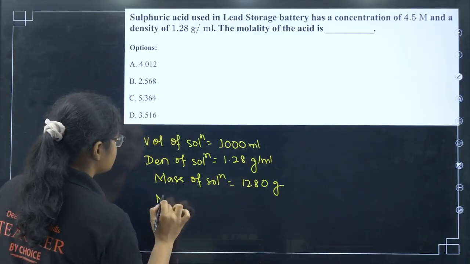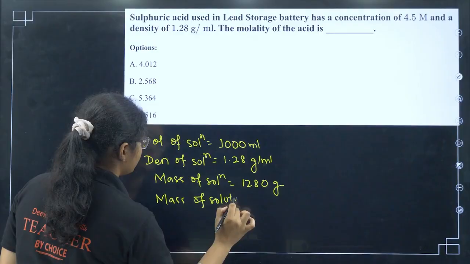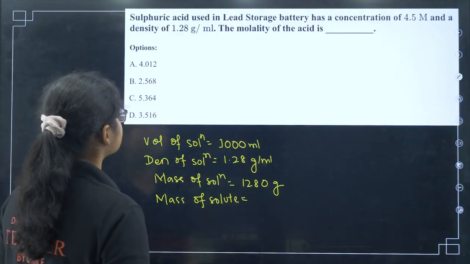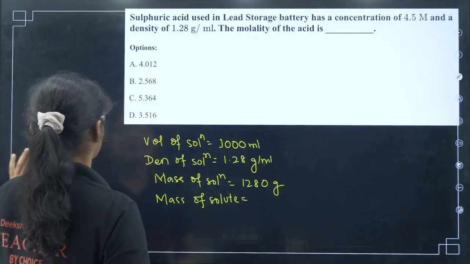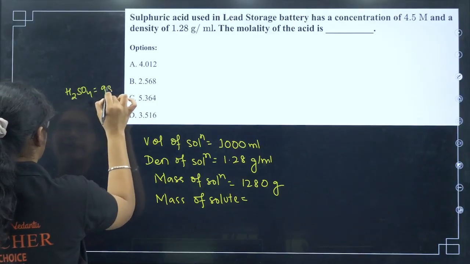Now what is the mass of the solute here? The molar mass of H2SO4 is 98.